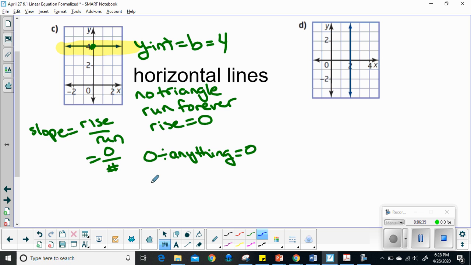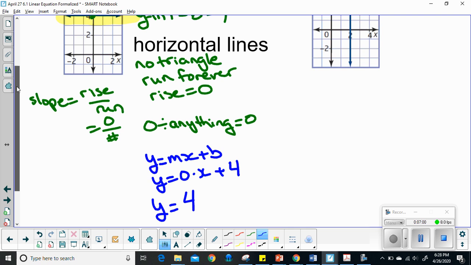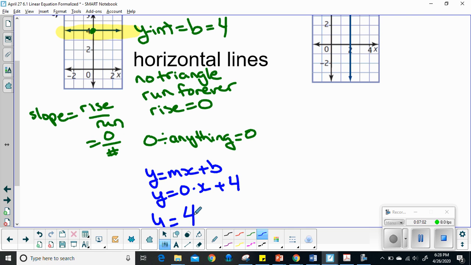So I've got y equals mx plus b. So y equals 0 times x plus b, in this case, is 4. So horizontal lines will always look like y equals a number, no x. This is what the equation of a horizontal line is going to look like. So wherever its y-intercept is, that's the equation. Okay.